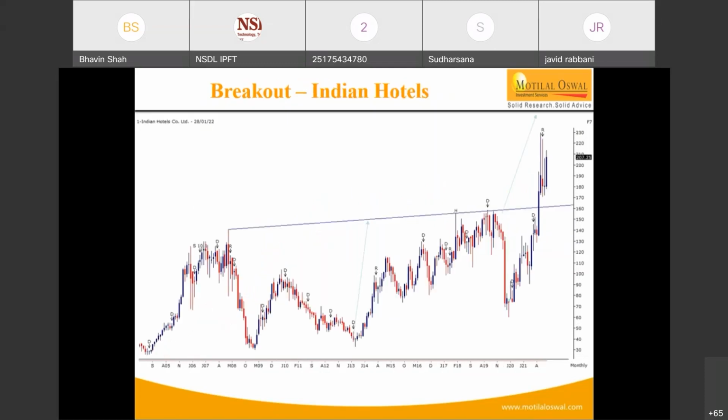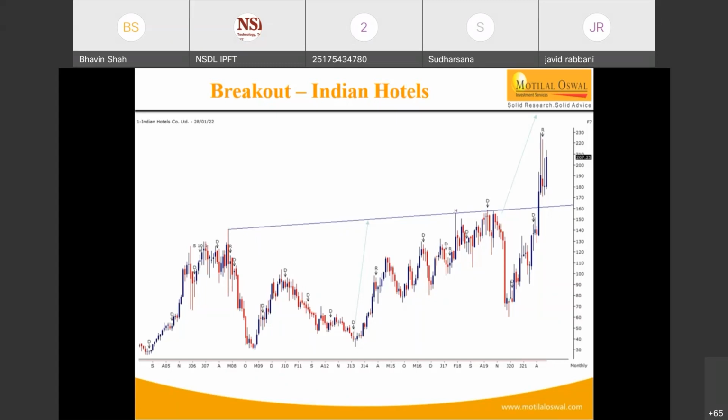Again, now this is a chart of Indian Hotels. This is a very similar chart to Tech Mahindra. After the high of 2008, close to the 150 zone, Indian Hotels had been in a consolidative phase in a very broad range, and recently it has crossed the 160 mark, and it's consistently trading above that level.